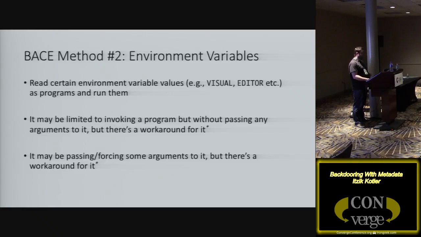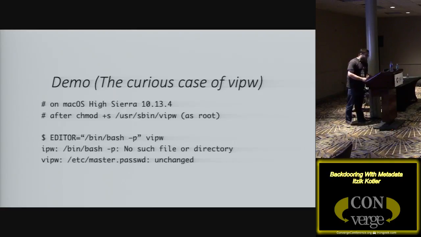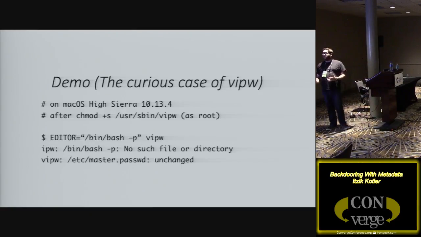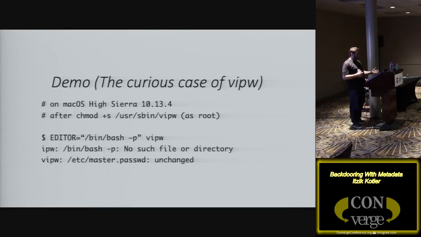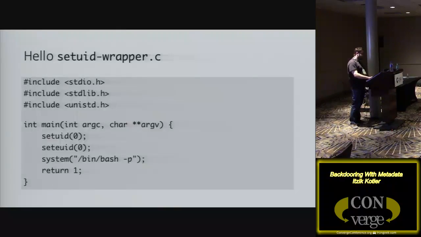Again, the same limitations apply. Here we can see an interesting case of a program called ViewW, which allows the administrator to change a password. While changing the password, we can declare a new editor. However, trying to execute that code as is returns a failure because it expects a single file and not a command line.